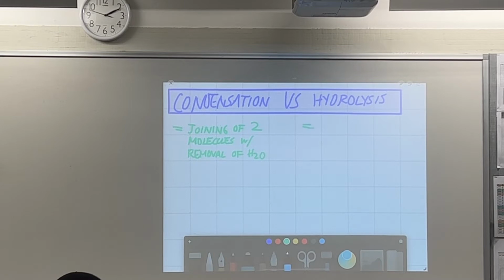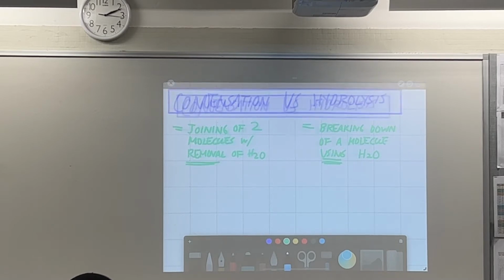Hydrolysis is the breaking down. You may have heard of a similar term, electrolysis, right? Lysis. You learn this also in biology. Lysis means breakdown. So this is the breaking down of a molecule using water, using H2O.